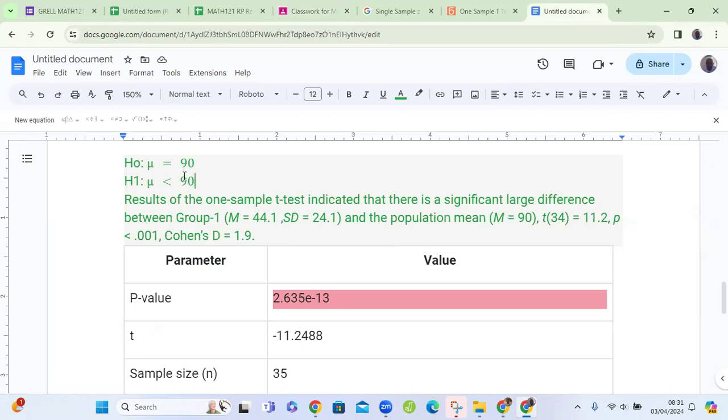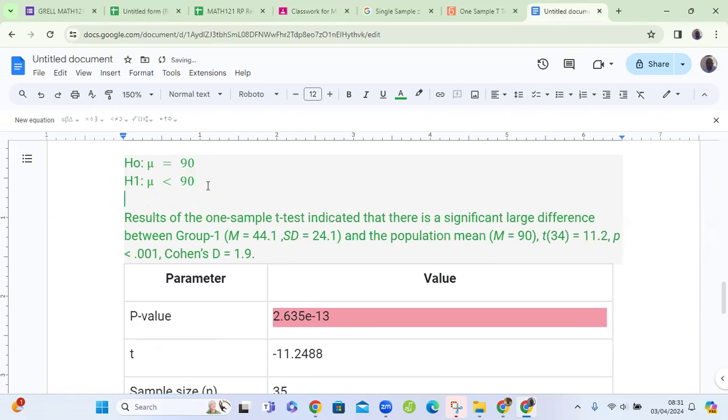So therefore, we have to reject the null and conclude that there is a significant difference between the hypothesized mean and the sample mean, that the mean is significantly less, 44 is significantly less than 90.